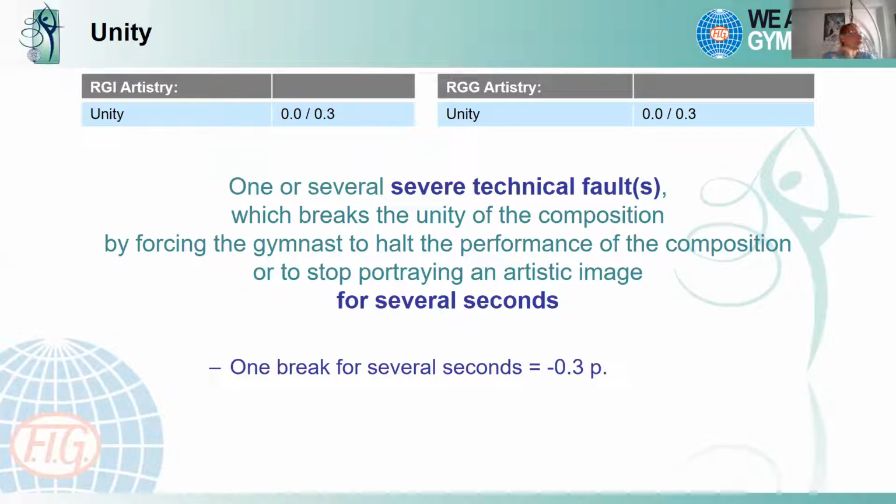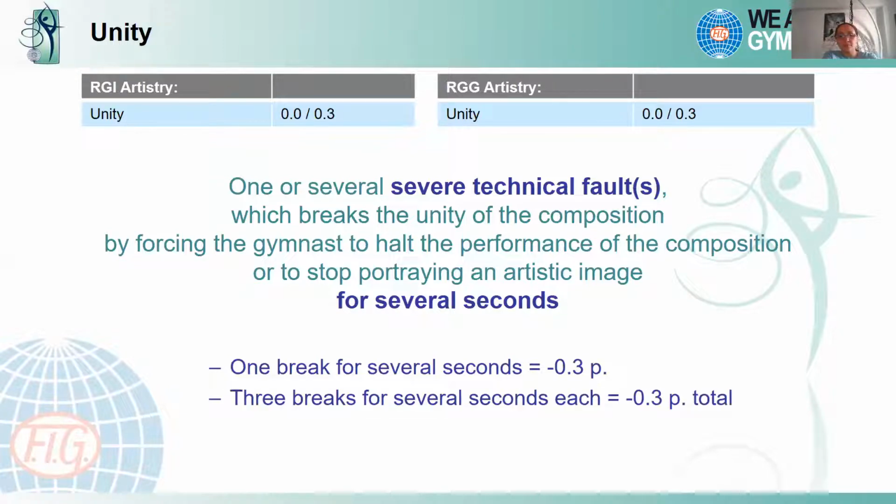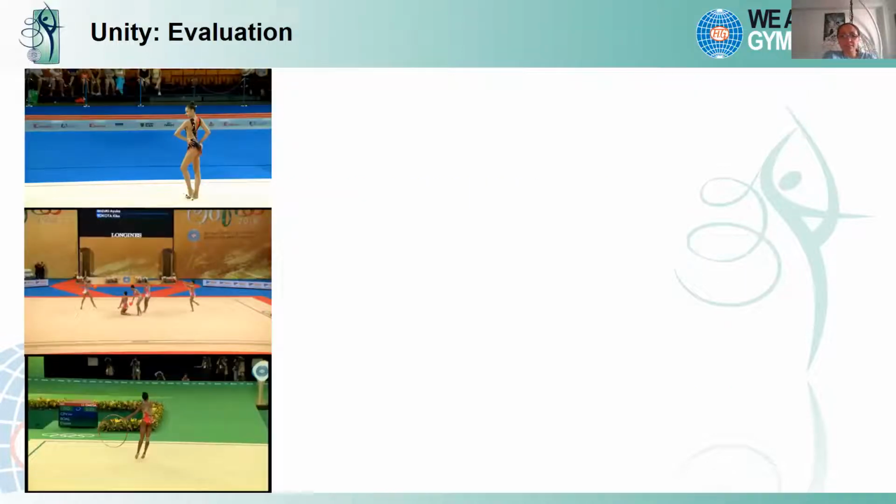If we open the code of points, it's exactly the first thing. And then come the technical faults. One break for several seconds or 3 breaks for several seconds each is only 1 time 0.3 penalty. If we have 3 small drops with no break at all, there is no penalty.